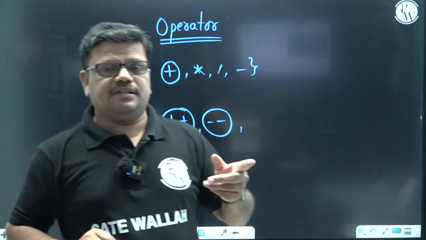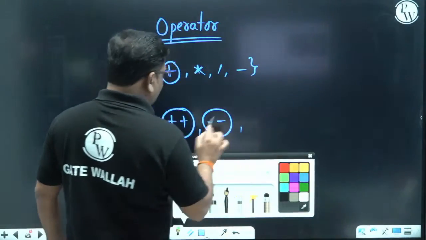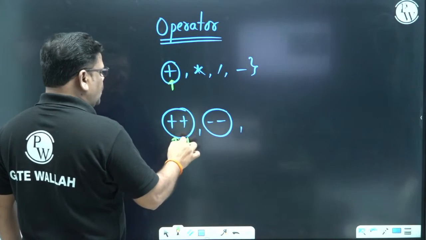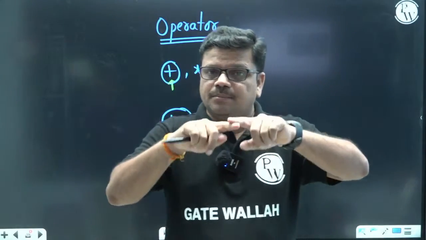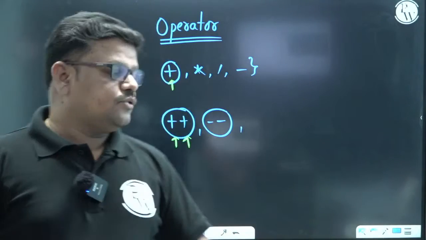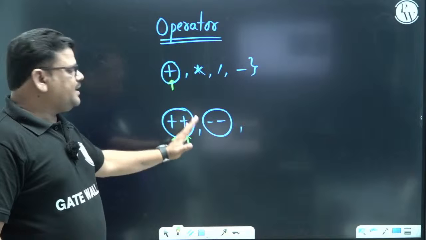How to differentiate this? Whenever we get a plus operator, don't produce a token yet. See the next symbol, called the look ahead symbol. These symbols together may also make a meaningful operator. So whenever you get plus, don't produce the token; see the next symbol also.